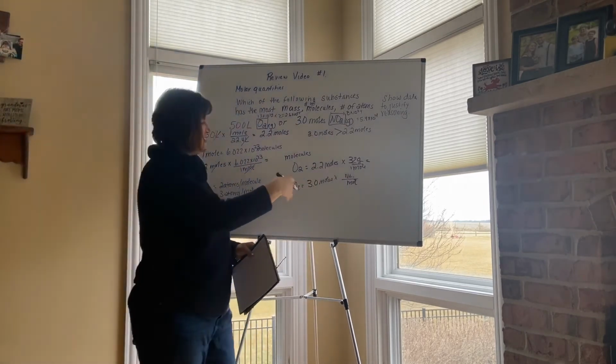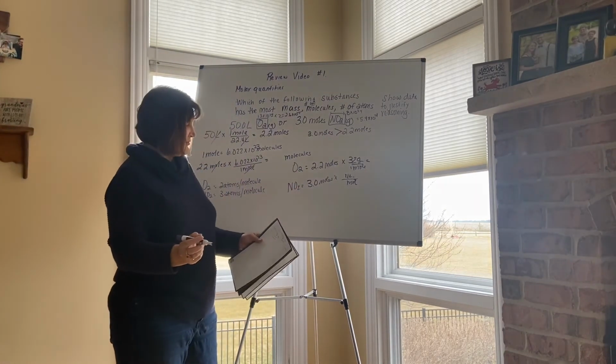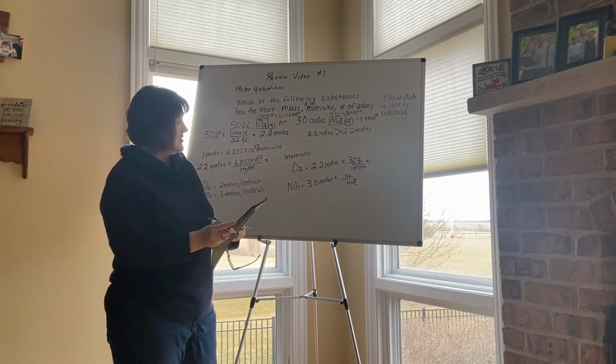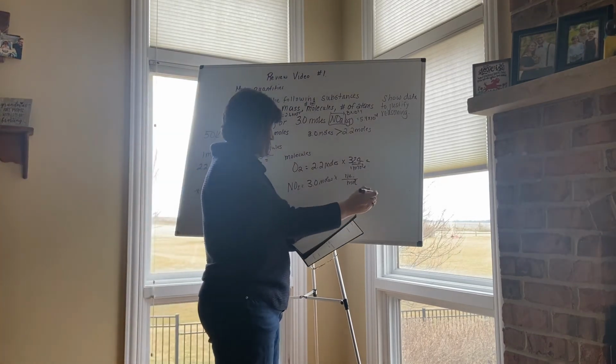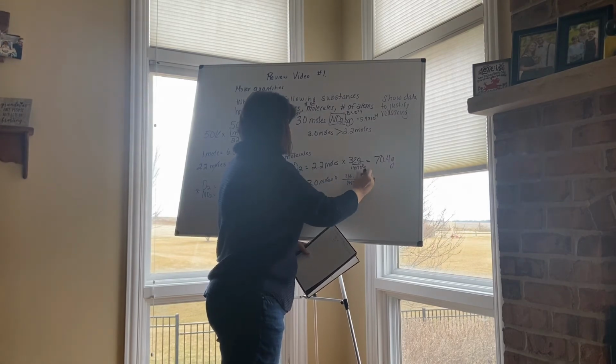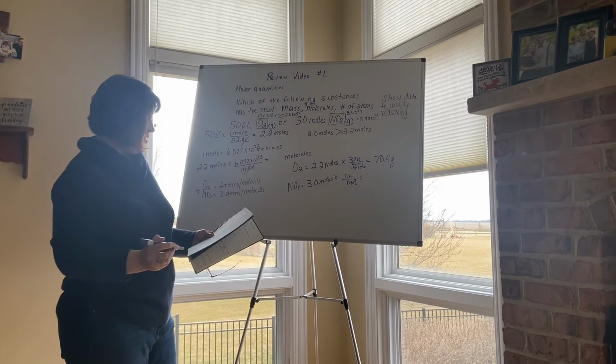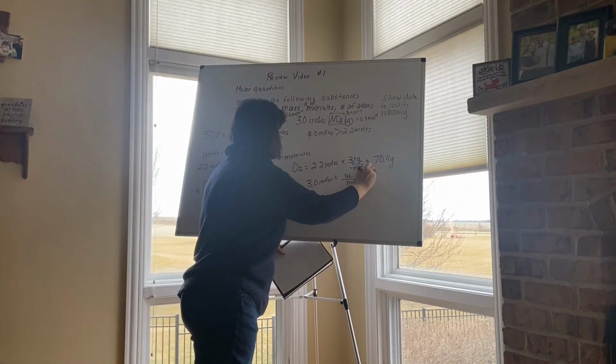Now in this situation, NO2 does have a greater mass, and we had a greater number of moles, but just for the fun of it, because you know how much I enjoy doing these problems, oxygen would be 70.4 grams, and NO2 would be 138.